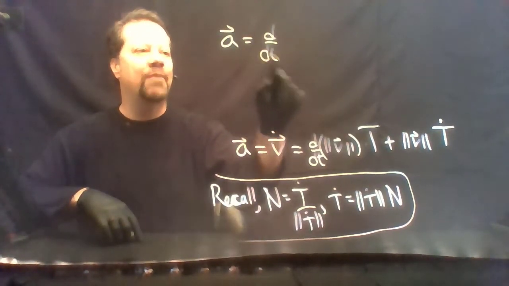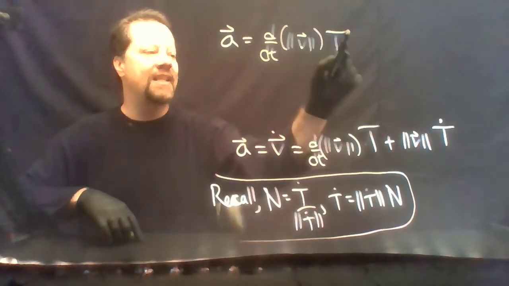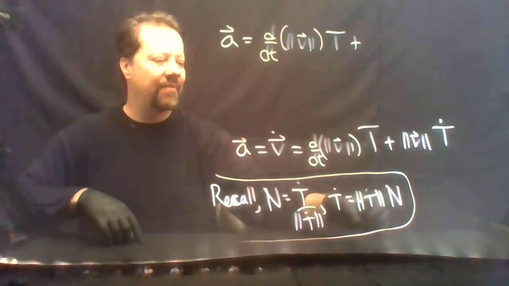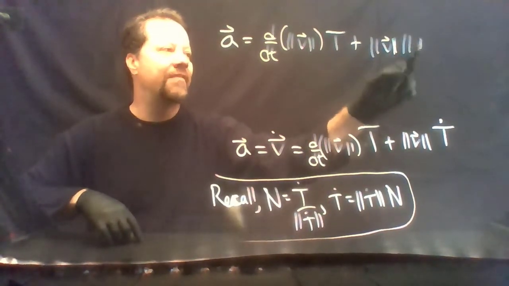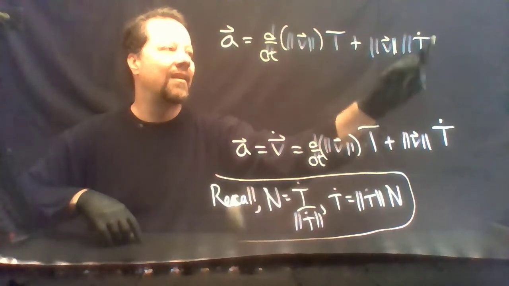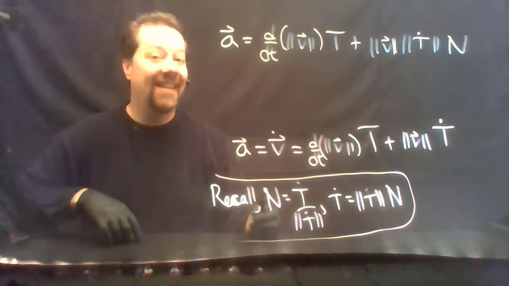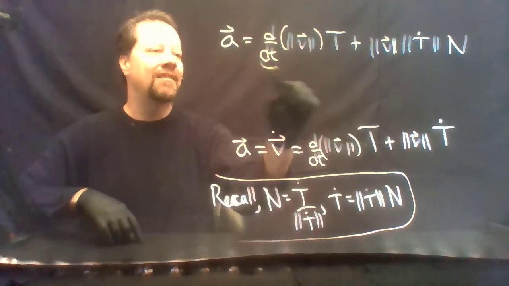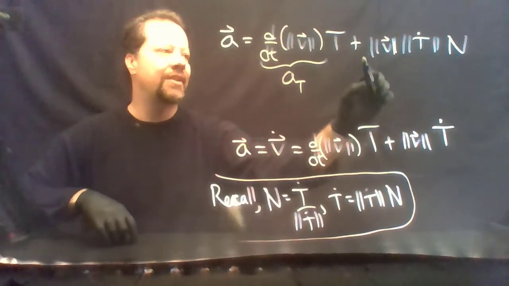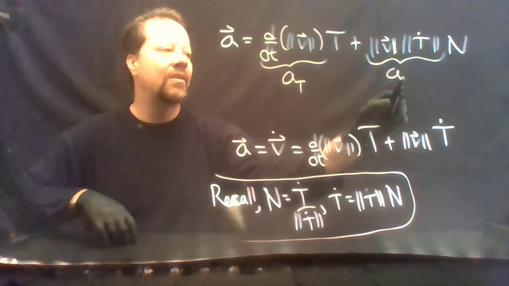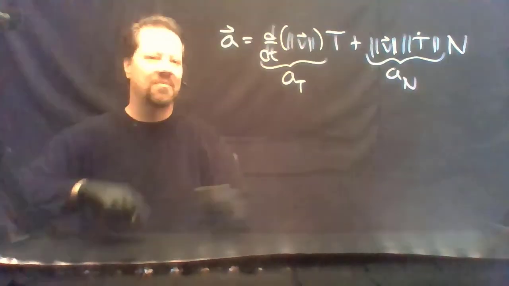It's the time rate of change of the speed times t plus the norm of v times the norm of t dot times the principal unit normal vector. And here we have it. This will be the tangential component of acceleration, and this will be the normal component of acceleration. That's what we call them.